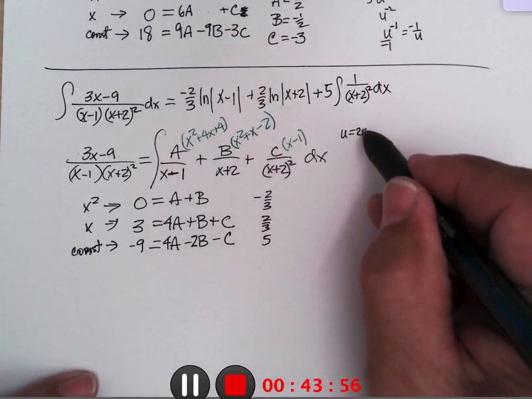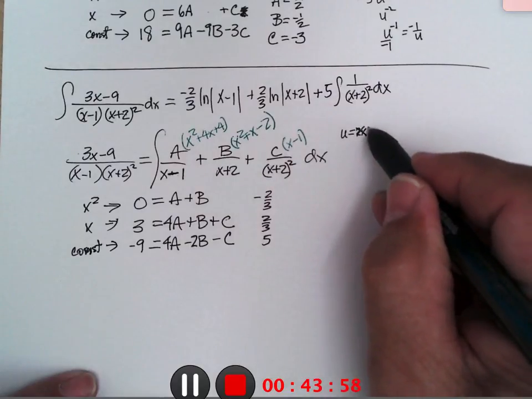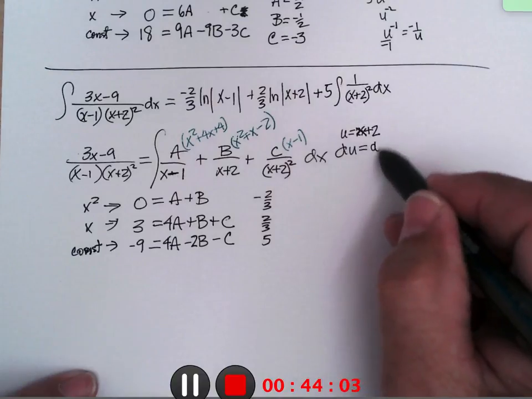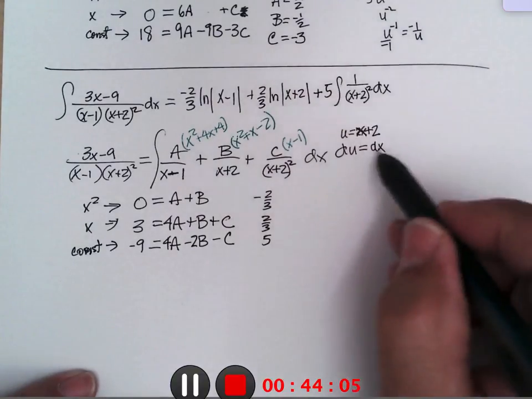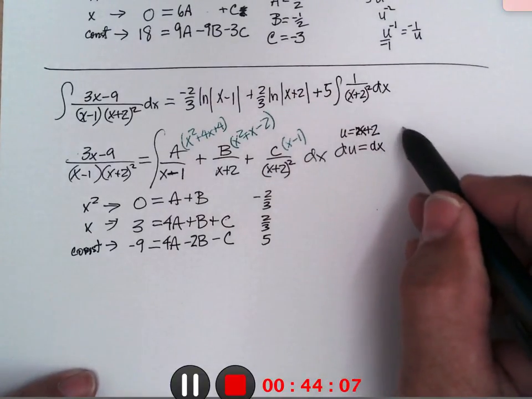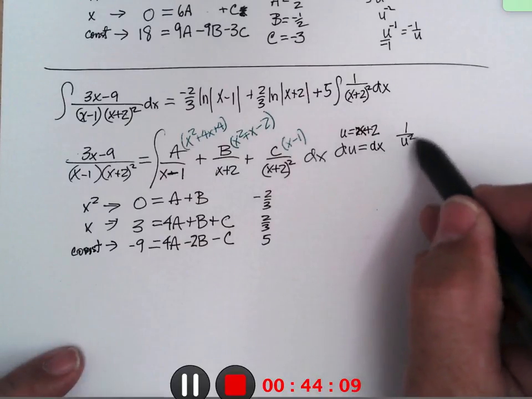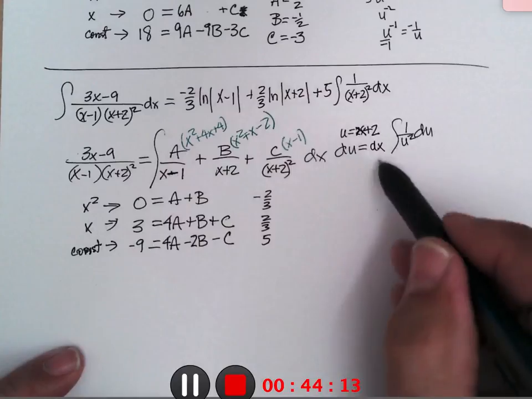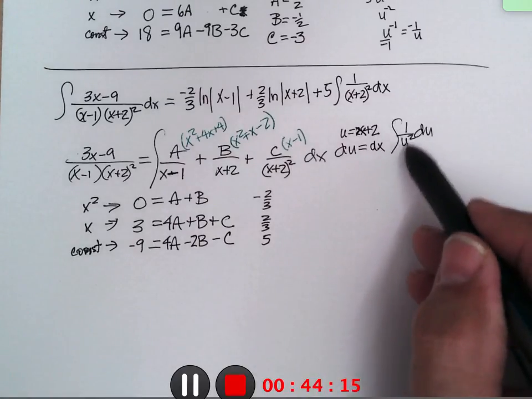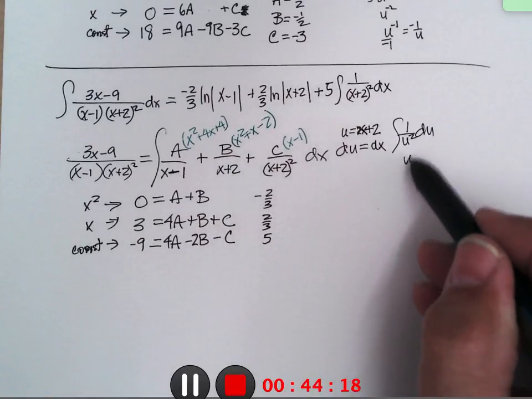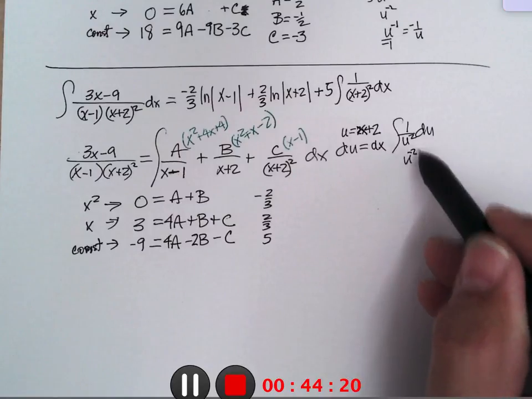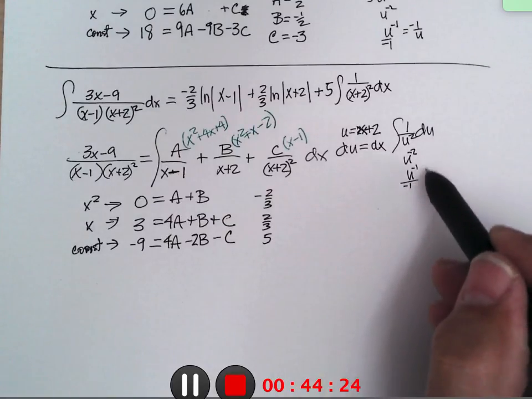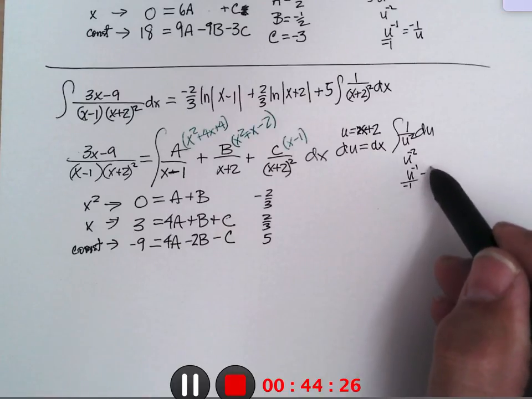Now to do that last part, I'm going to let u be x plus 2, du equals dx. So this becomes the antiderivative of 1 over u squared du with a 5 out in front. And the antiderivative of this is u to the minus 2, add 1, it's u to the minus 1 over minus 1, which is minus 1 over u.